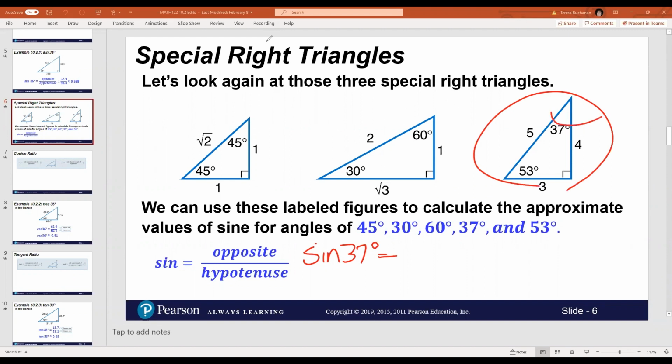Regarding that 37-degree angle, the opposite side has a length of 3. The hypotenuse has a length of 5. Sine of 37 is 3 over 5. Sine of 53, you can see where that's headed. We're thinking about this angle. The opposite is the 4, the hypotenuse is 5, so sine of 53 is 4 over 5.